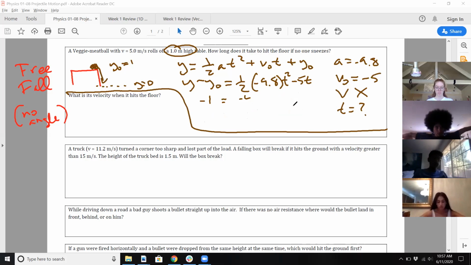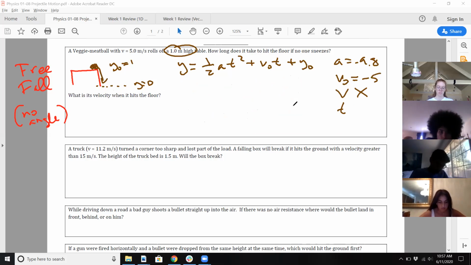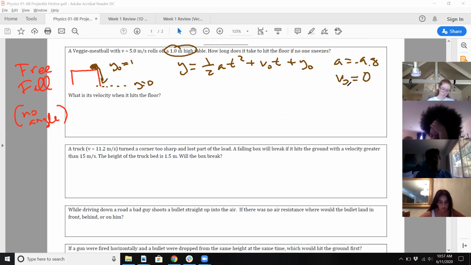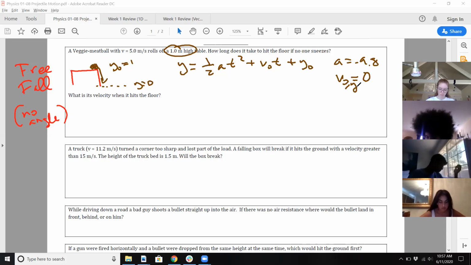Okay, I could see. This is a good discussion point to have. I'm dealing with vertical motion. If it's rolling off at 5 meters, oh, wait, that's the horizontal motion.